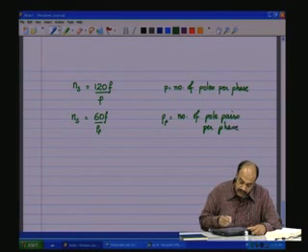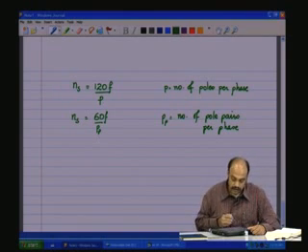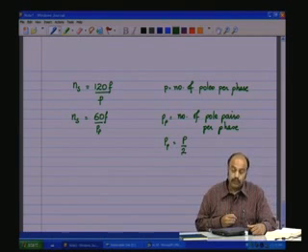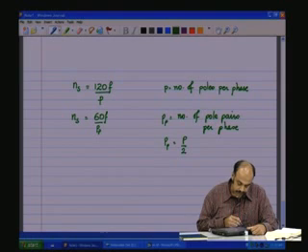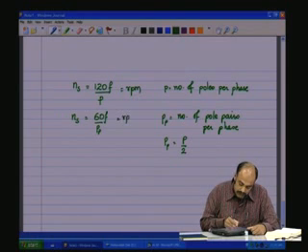These are various formulas that you will find in different literature, so it is better you know the nomenclature. And PP is always P by 2, number of poles by 2. And Ns, this is in RPM.